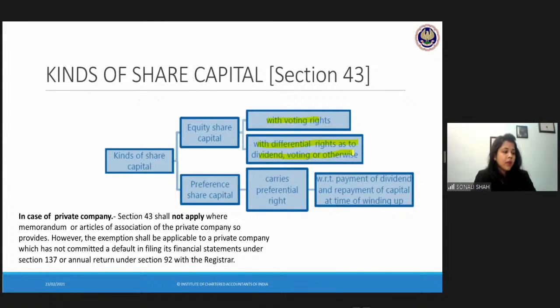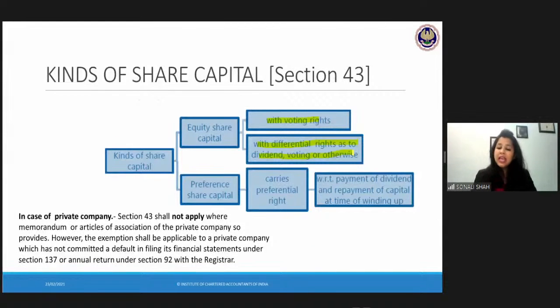So you need to understand that when we talk about these preferences, this comes with the share itself, right? When I say I have a preference right to payment of dividend, that means if the company has surplus profit and releases the dividend in the market, the dividend will be first paid to the owners of the preference share, and whatever is left behind will be given to the people who have the equity share.